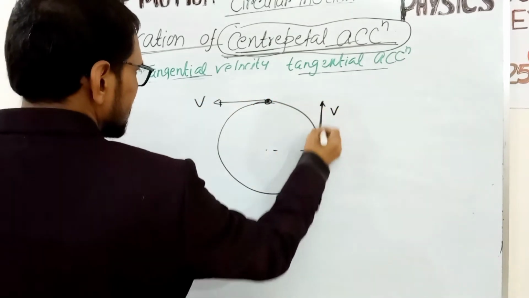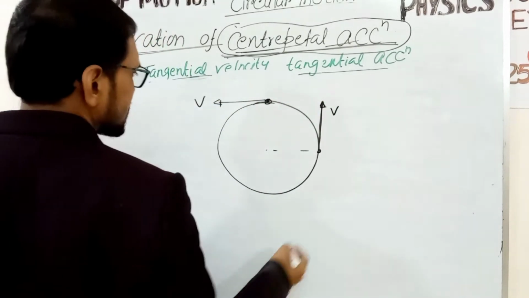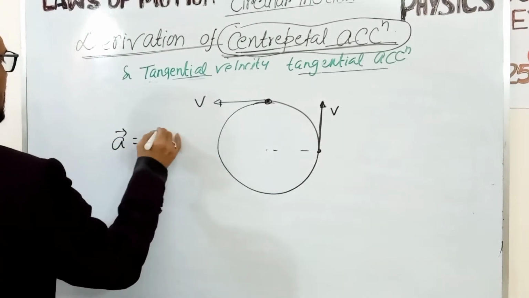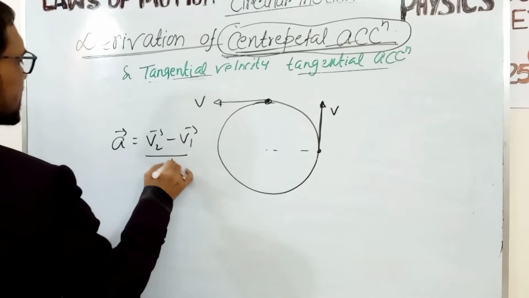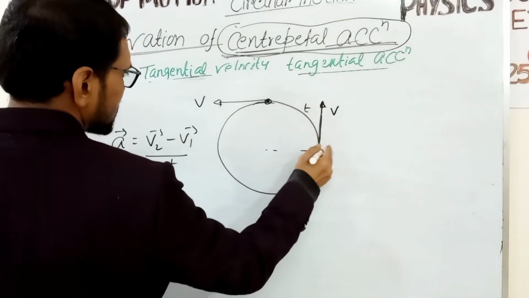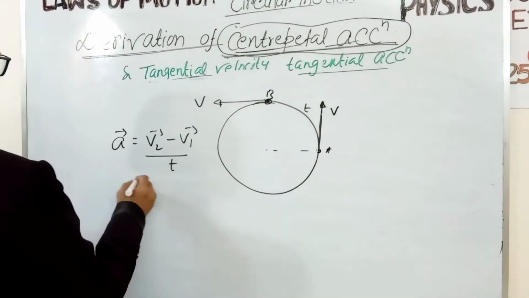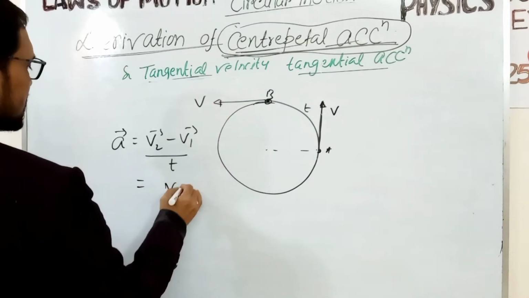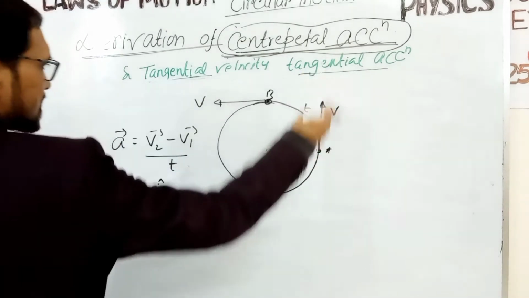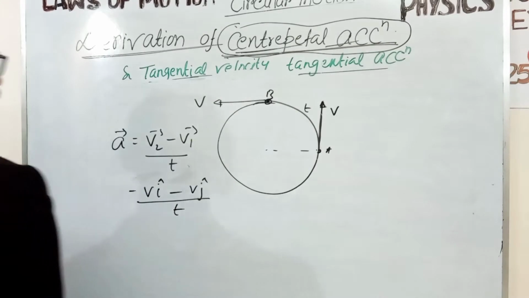So the velocity magnitude remains the same, but if we calculate the acceleration, acceleration equals final velocity minus initial velocity divided by time taken. If the time taken to come from this point to this point is t, then v2, the final velocity, equals minus vi, minus v1, the initial velocity, in this direction equals vj, in the vector method, divided by time t.